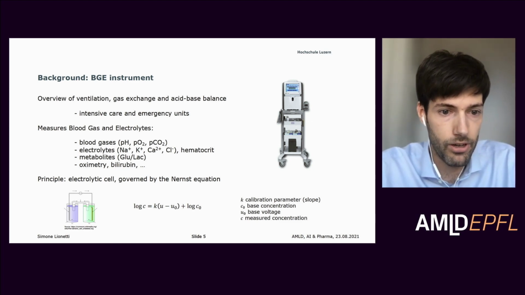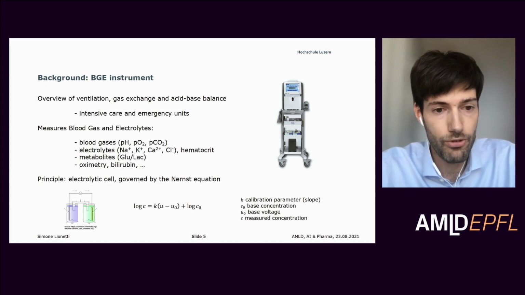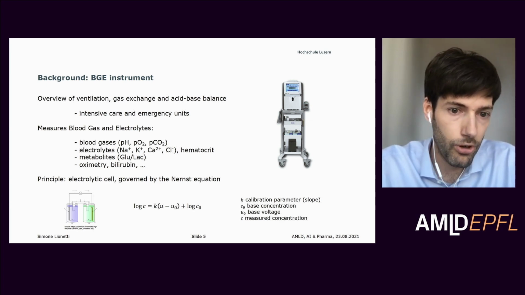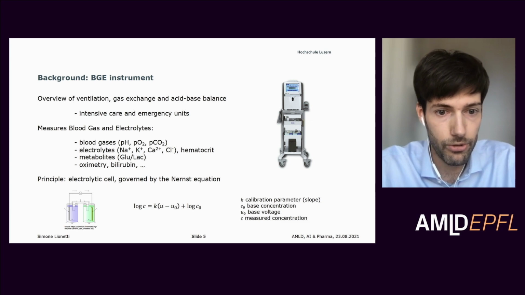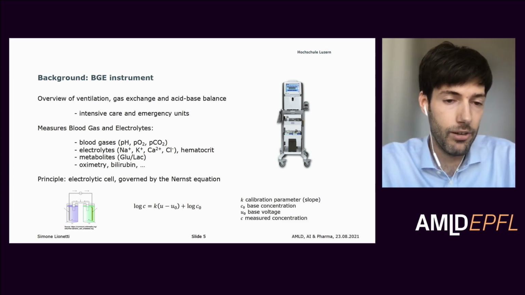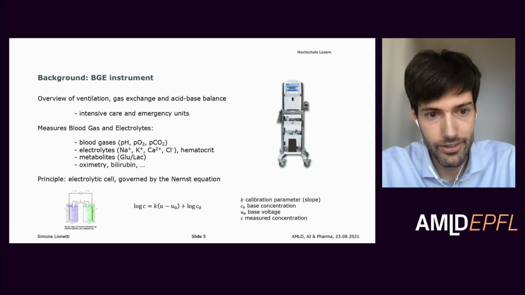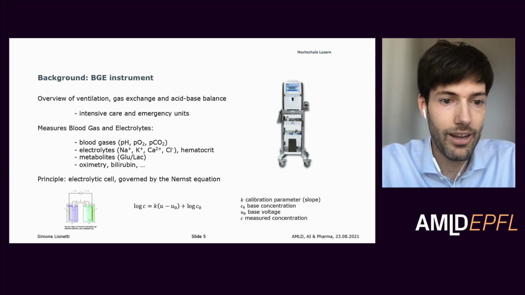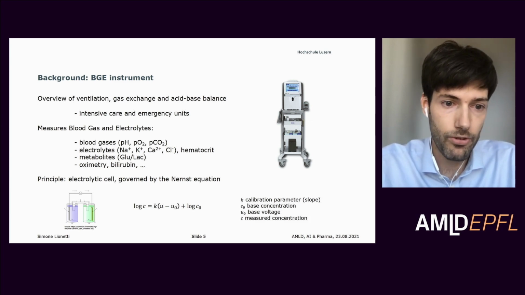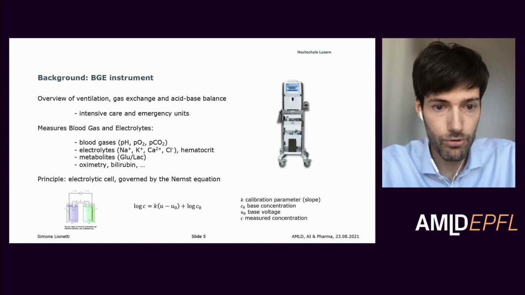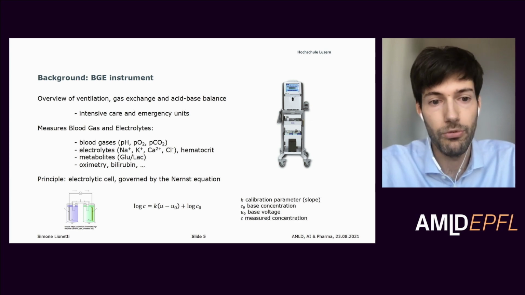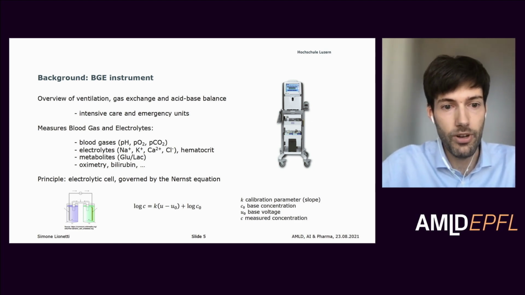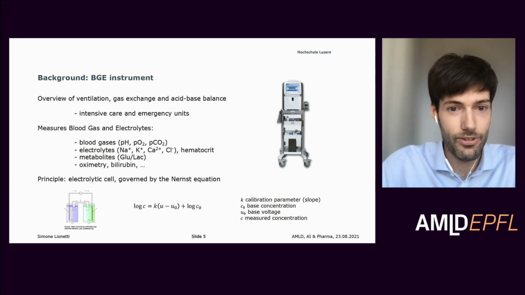Then we have U, which is the voltage measured when the sample is in place, U naught, which is the base voltage, and C naught, which is the base concentration. Here we see already one problem: this formula has a unique value for U naught and C naught, but the voltage measured before the sample and after the sample should both be base voltages and should be U naught. So this formula does not have a straightforward interpretation in terms of the data that we actually receive.